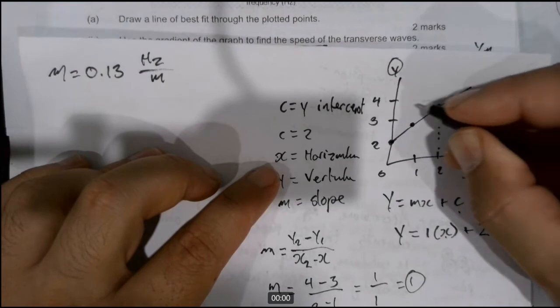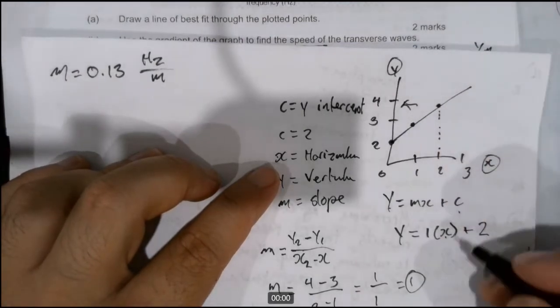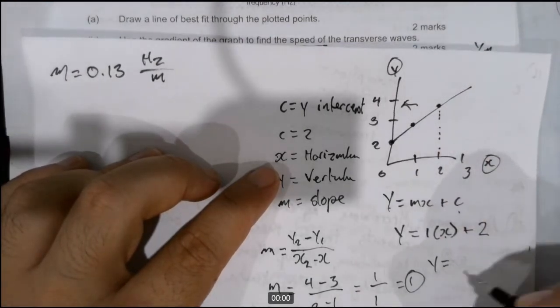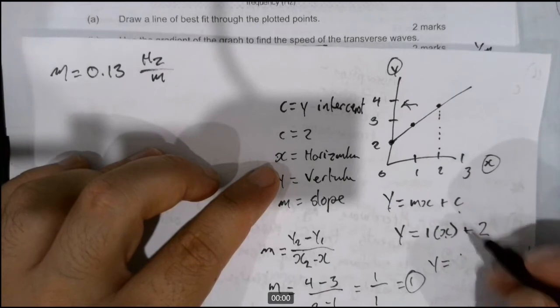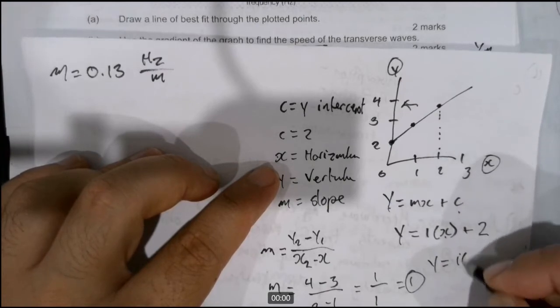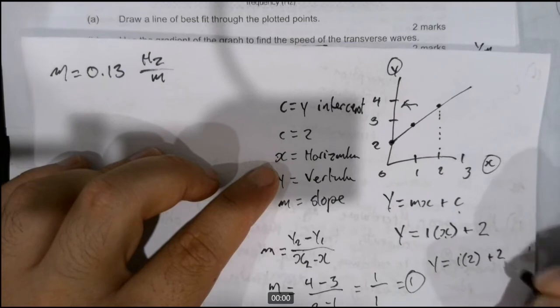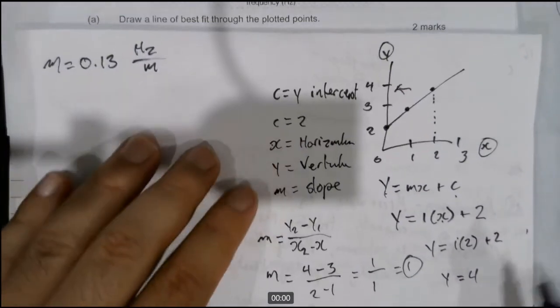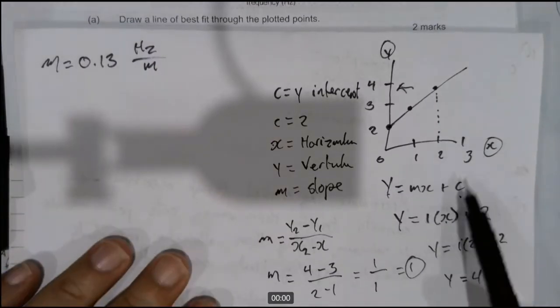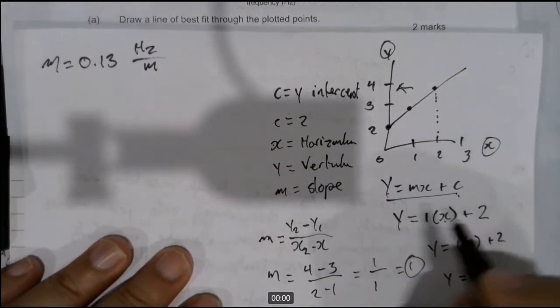I know it's going to be 4, but we can prove it with this equation. y is equal to 1 times 2 plus 2. y is equal to 4, right? This is the equation that we're setting up here.